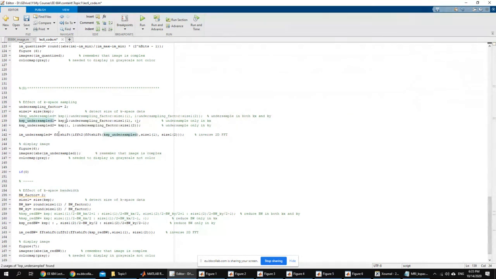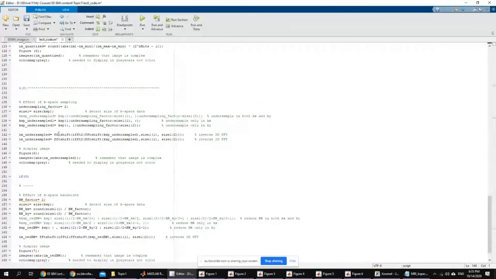Here I undersample in the first dimension from 1 to size 1, which is the size of the first one, with the undersampling factor that I put here. The other one I do exactly the same, but in the second dimension. Let's reconstruct both images and display them both. Undersampled 1.